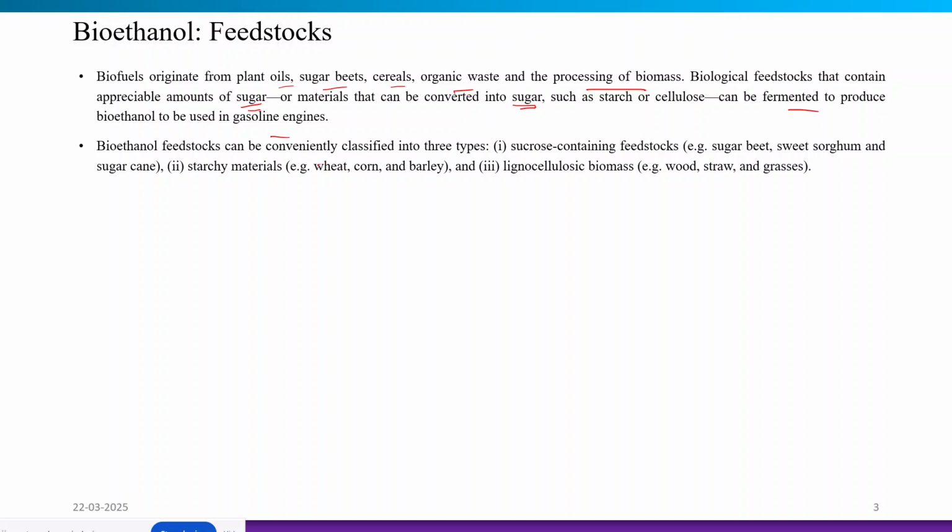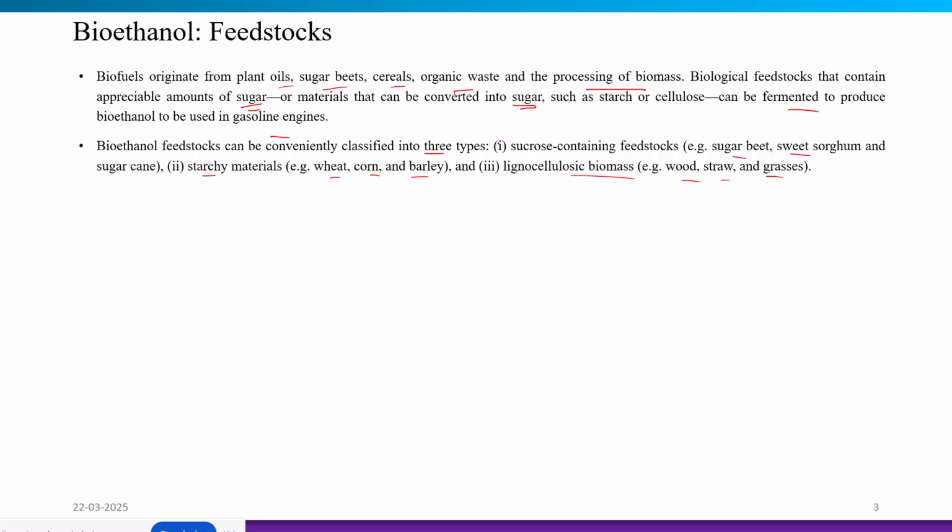Depending on the bioethanol feedstock, there are three classified types. One is sucrose containing feedstock like sugar beet, sweet sorghum, and sugar cane. Another is starchy material like wheat, corn, and barley. The other is lignocellulosic biomass like straw, grasses, and wood.